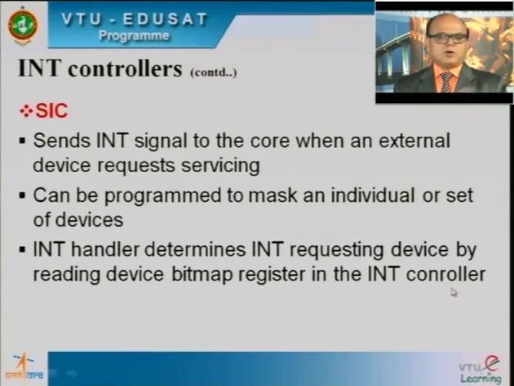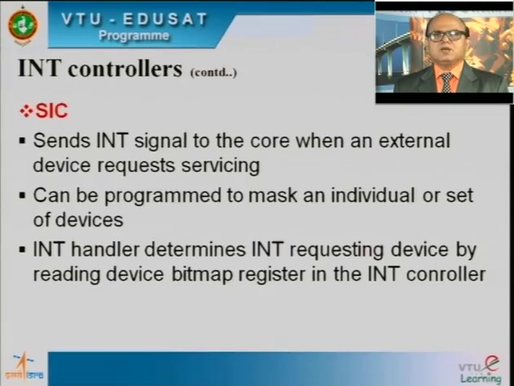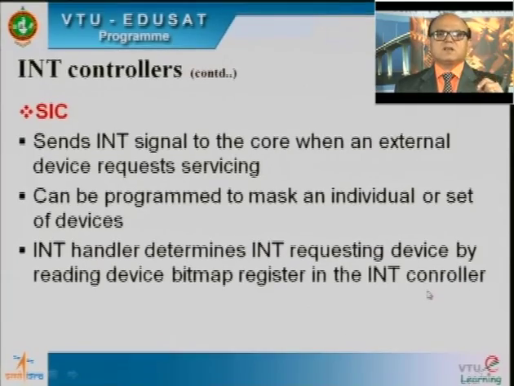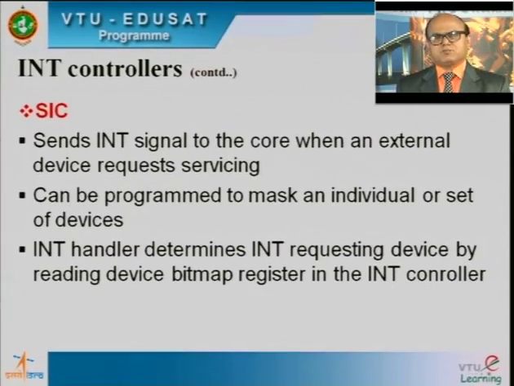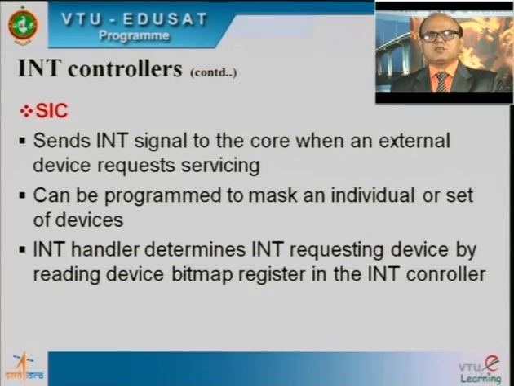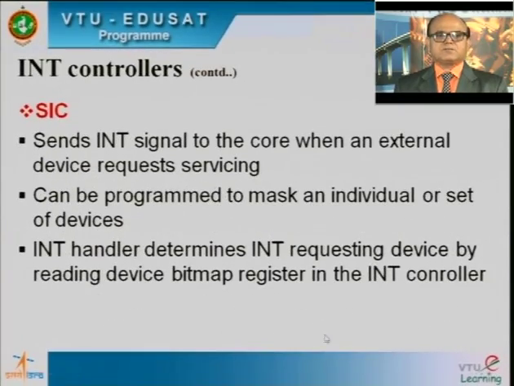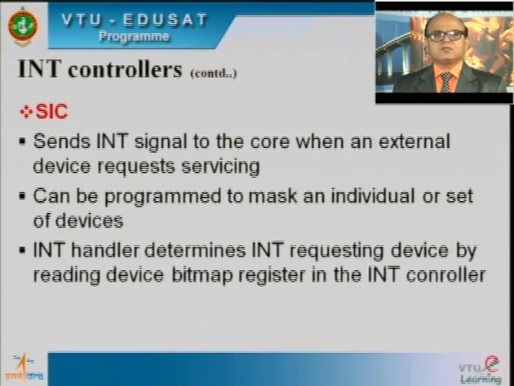Among the several peripherals connected to the processor, each time an interrupt occurs, it is necessary to find out which device has raised the interrupt request, or which device is trying to request the processor to execute the service routine. That identification is to be done by the controller, and in the case of the SIC, that is done by the bitmap register which is supported.